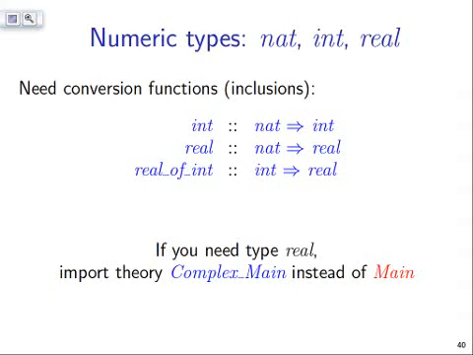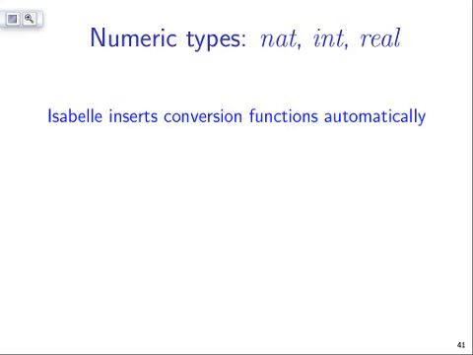And please, if you want type real, you have to start from Complex Main rather than Main. If you start from Main, there's just int and nat in there, not real. So in case you need real, you don't use Main, use Complex Main.